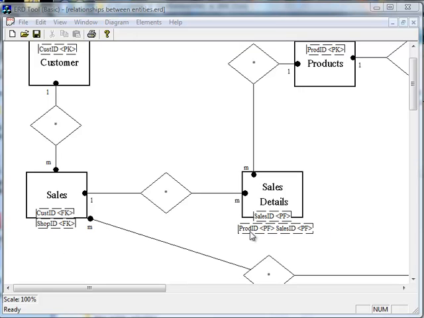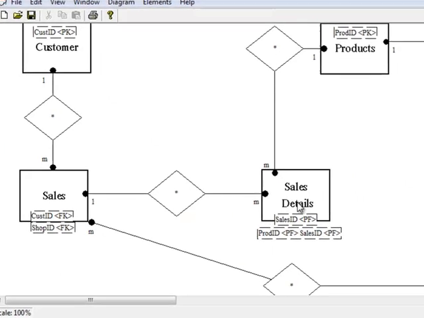Now what we're saying is that the sales details will have the sales ID as a primary and foreign key from the sales in order to get this one-to-many, and in order to stop the repeating groups. That is, we would have sales, and for a particular sale there'd be a list of products with that sales ID here.